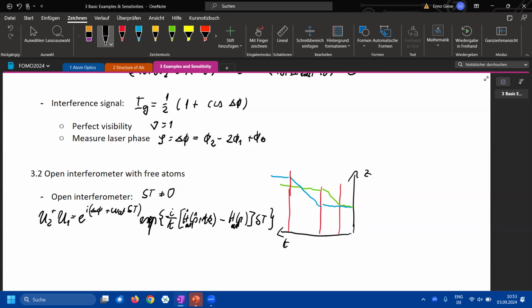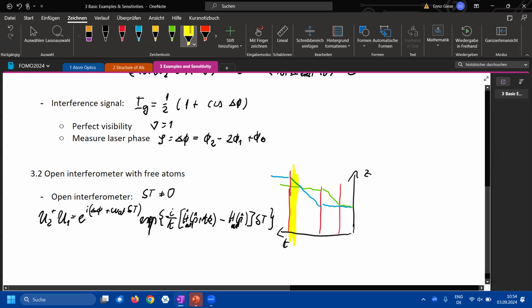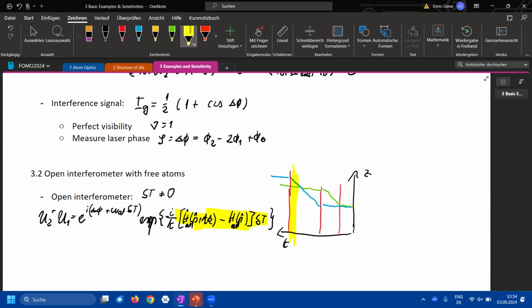Everything else is as before, everything drops out. And so for this little contribution for delta t, basically for this time here, this is the only thing that remains: these two terms times delta t, their difference. So this is what we have to calculate. Did you understand that? Okay, good.